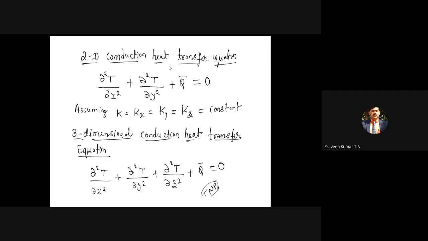But if it is an orthotropic material like a composite, kx may not be equal to ky, which may not be equal to kz. For example, in the x direction there may be more fibers, say you put some steel wires along the x direction. In the y direction there are no steel wires, so because of that there is more thermal conductivity along the x direction compared to the y direction.